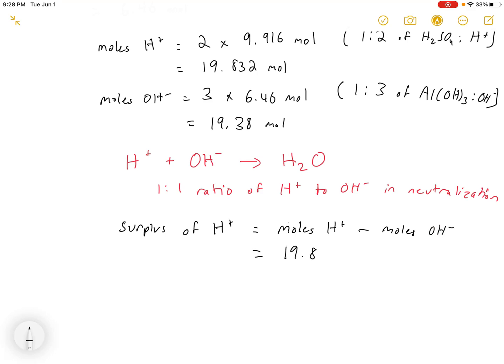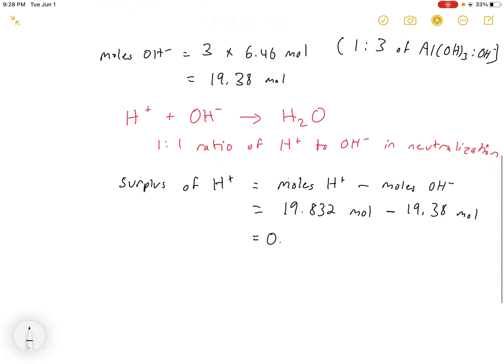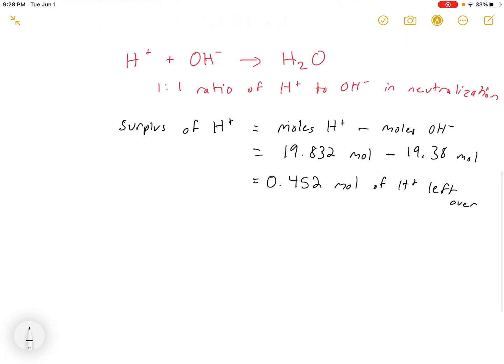That's 19.832 moles minus 19.38 moles, which gives you 0.452 moles. So there are 0.452 moles of H plus left over.